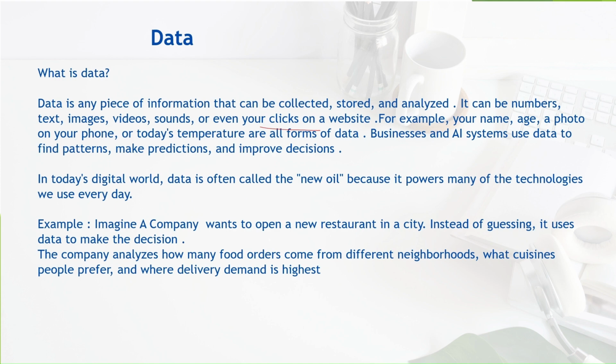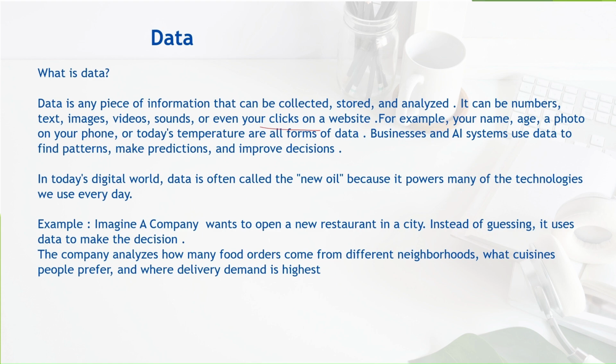Imagine a company A wants to open a new restaurant in a city. So instead of just guessing, it uses data to make the decision. See, randomly, if I go and try to understand, okay, where should I open my new restaurant, then there is a possibility that my business can go in loss as well. But instead of that, if the company analyzes how many food orders come from different neighborhoods, what cuisines people prefer, and where exactly is the delivery demand high.